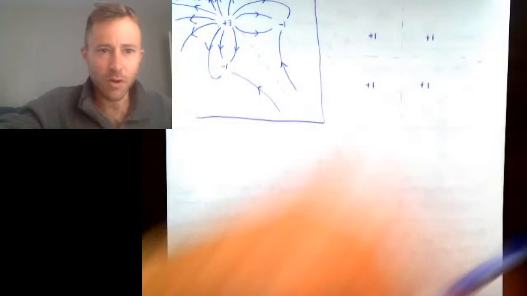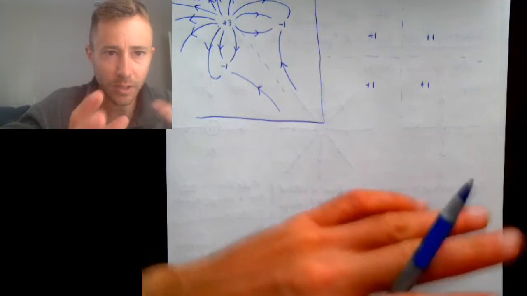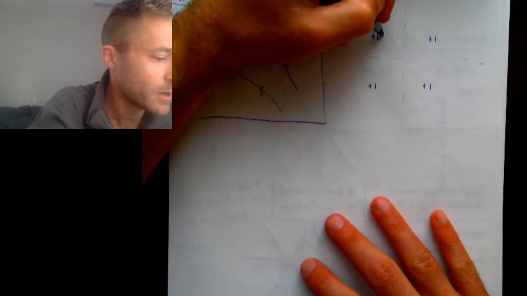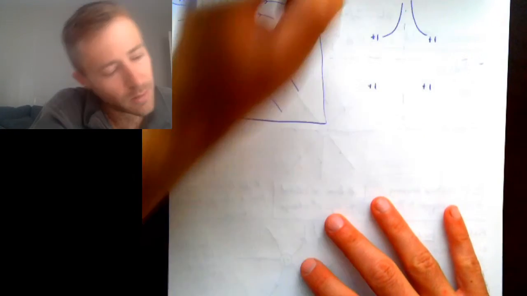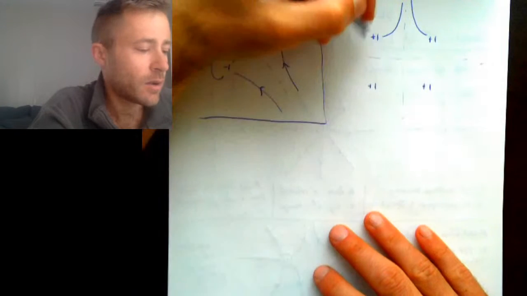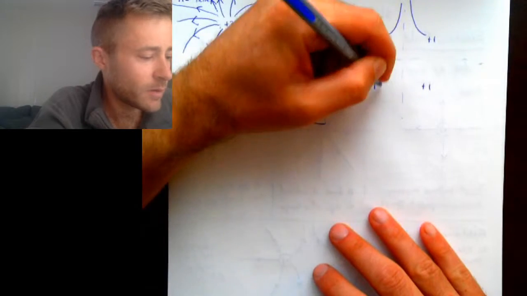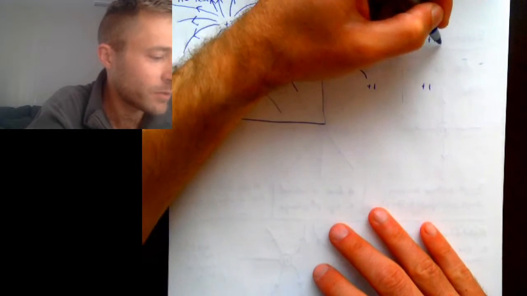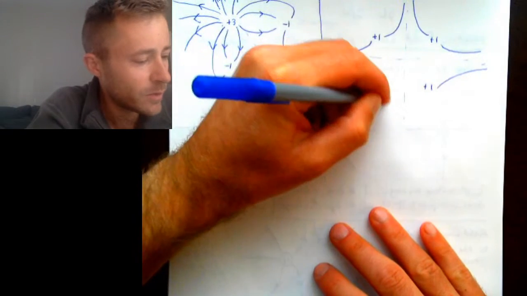So whatever I draw has to be symmetrical with respect to that, okay? So I got off to infinity. Off to infinity. Off to infinity. Off to infinity.